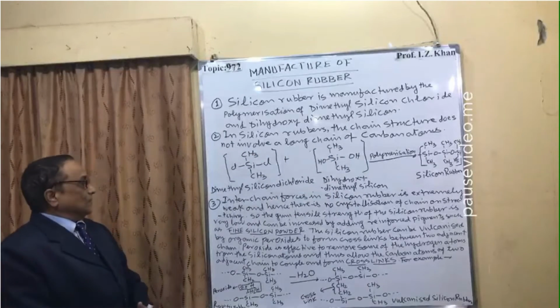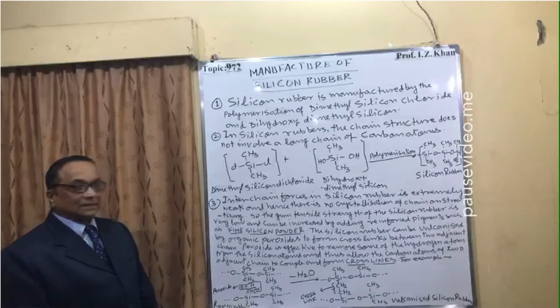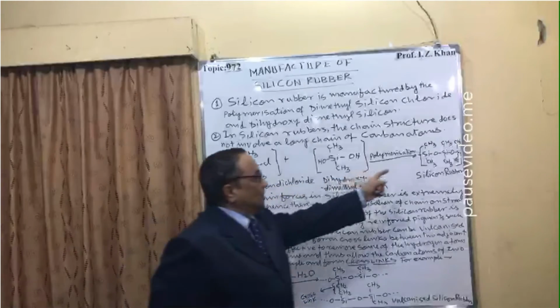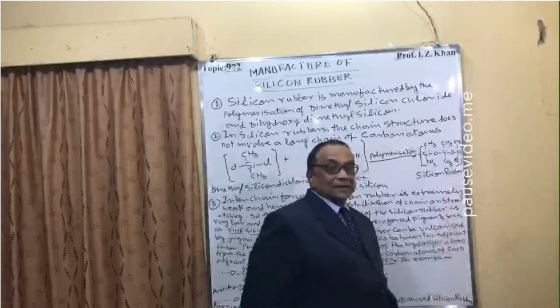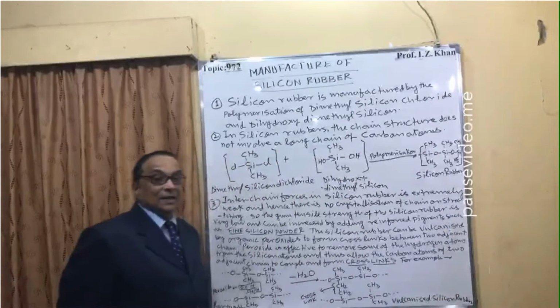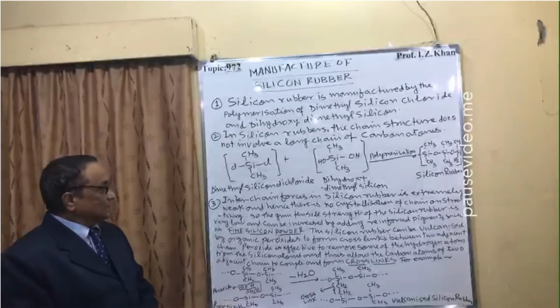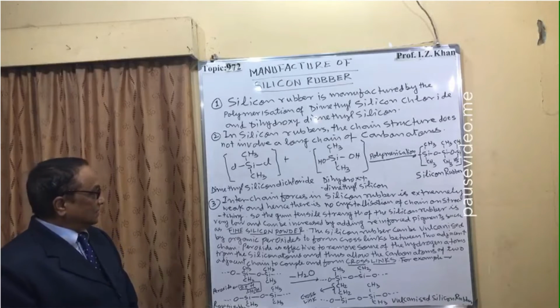Number three, the interchain forces in silicone rubber are extremely weak. Because the silicon and oxygen interlink forces are very weak, it has weak tensile strength, and hence there is no crystallization of chain on stretching.